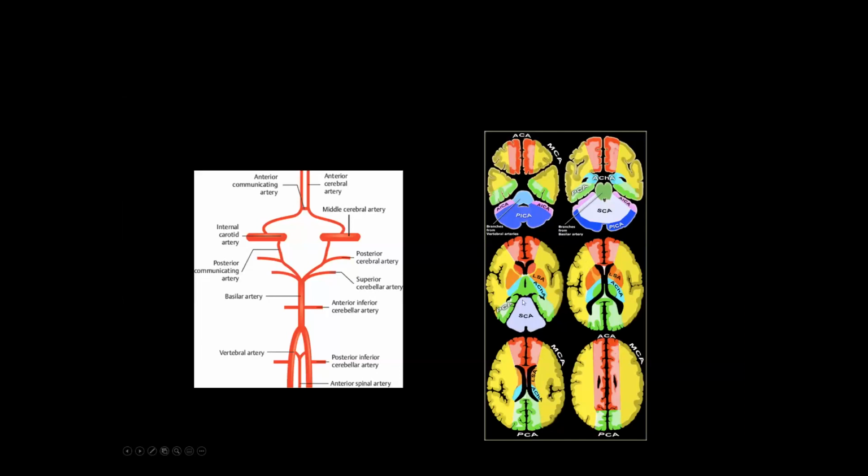The posterior cerebral artery is this piece in the back, which gets both occipital lobes. And these others I would worry about less because they're smaller distributions. But we learn to memorize these so that you correlate this area with scans when you're evaluating where a stroke has taken place.